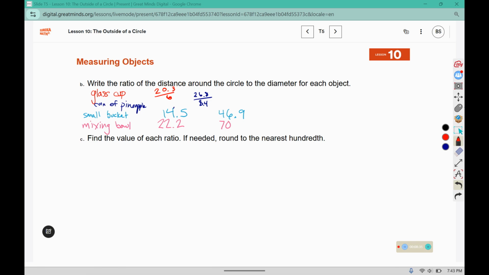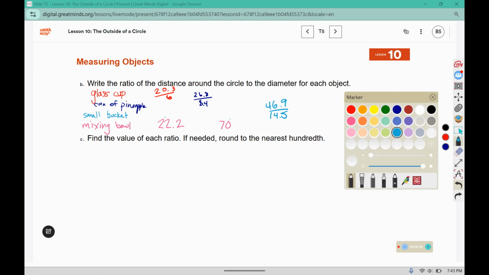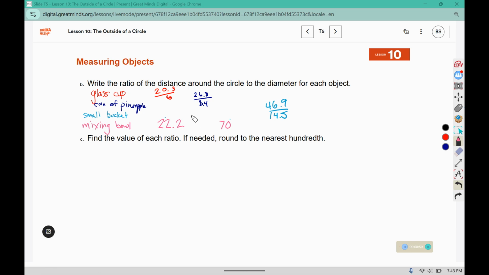For the small bucket, we would have 46.9 divided by 14.5. And for the mixing bowl, our ratio would be 70 divided by 22.2.